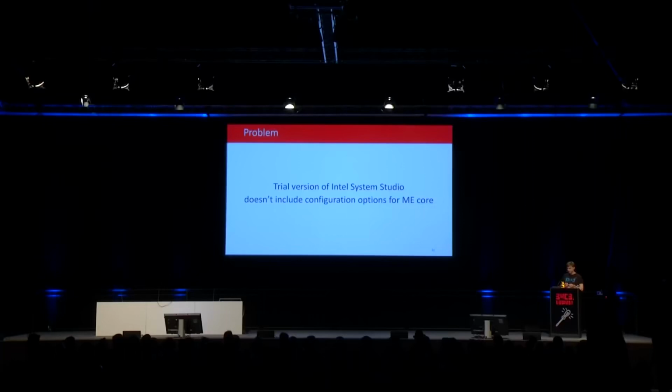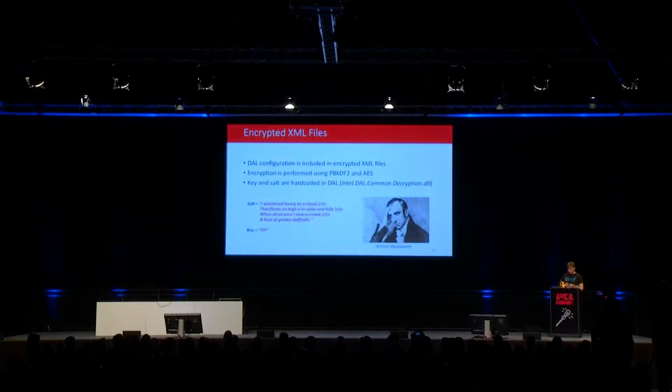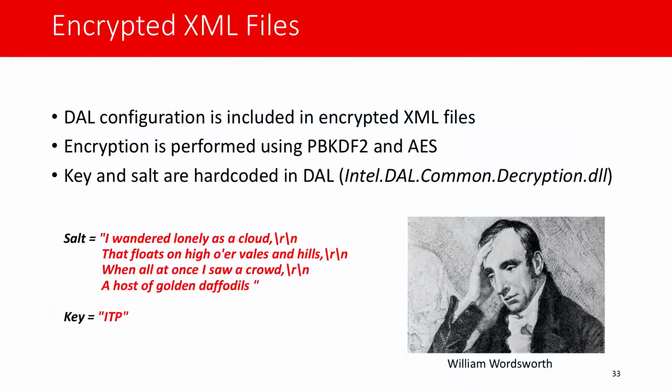One problem is that the public version of DAL doesn't include configuration for the ME core. However, that didn't stop us, and we found the solution. As I said, DAL has some configuration, and as we investigated during reverse engineering of the DAL library, its configuration is included in encrypted XML files.